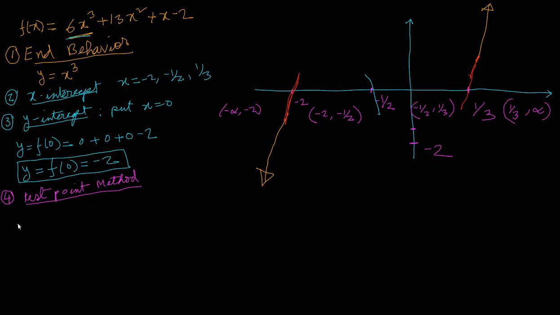So these are all four zones. Let me write down all the zones: -infinity to -2, -2 to -1/2, then -1/2 to +1/3, and finally +1/3 to +infinity. Now I am going to choose a test point from each zone.